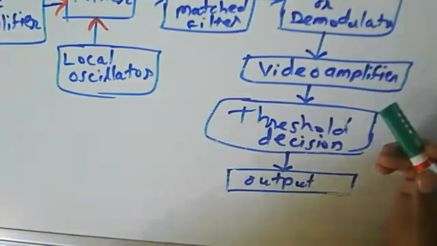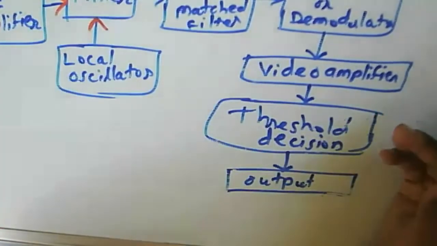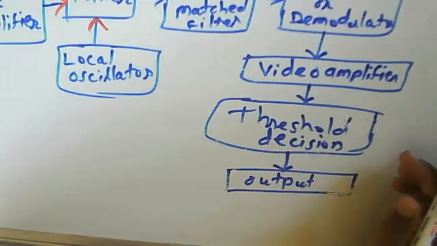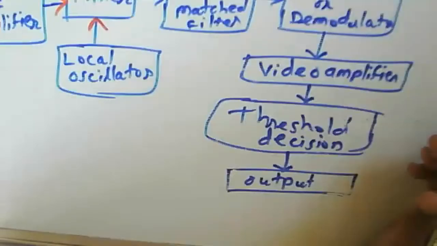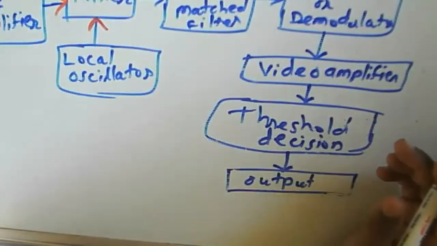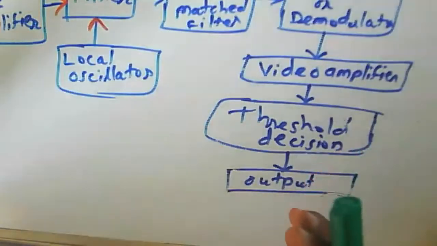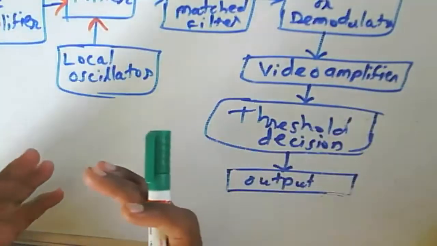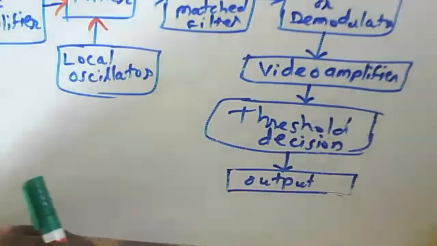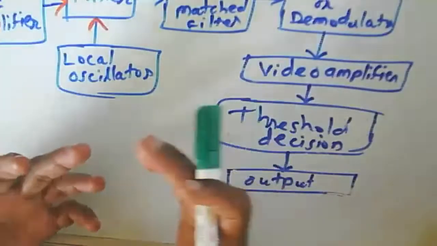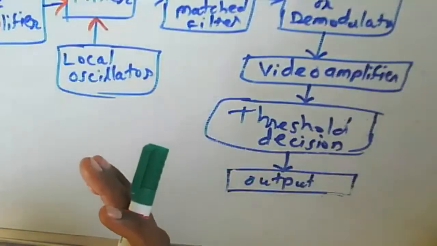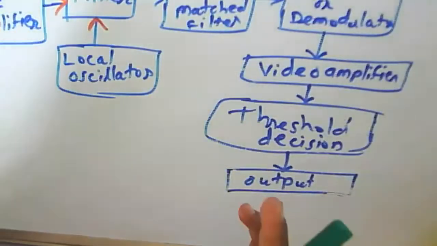Nowadays there is a plan position indicator, and there are a lot of display devices to detect the object. The location of the object, its range, everything is displayed on the display panel or display devices.